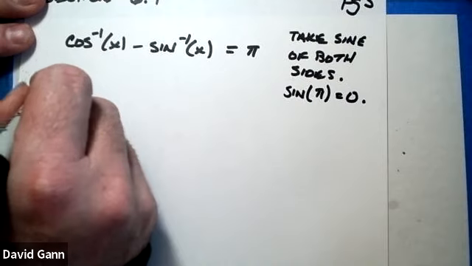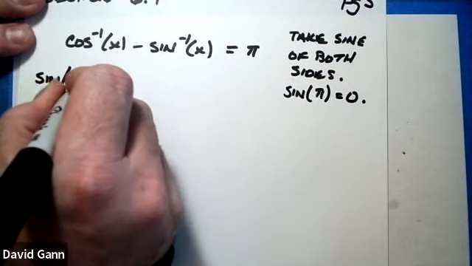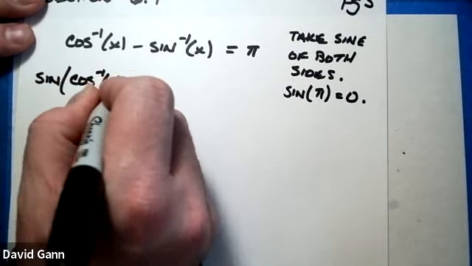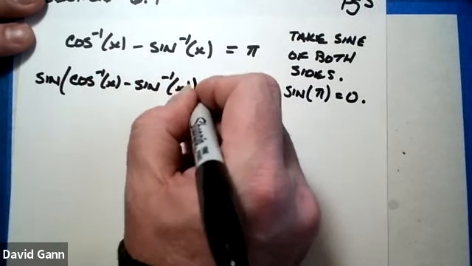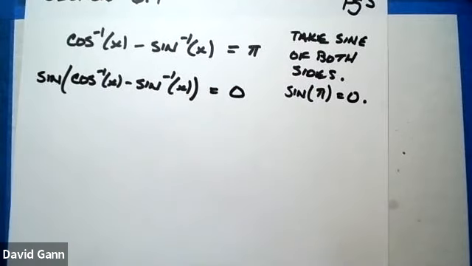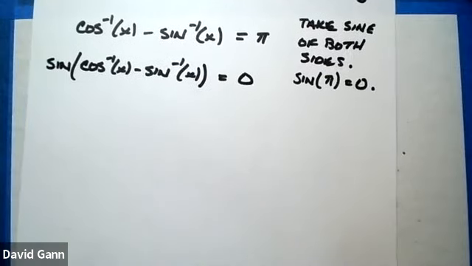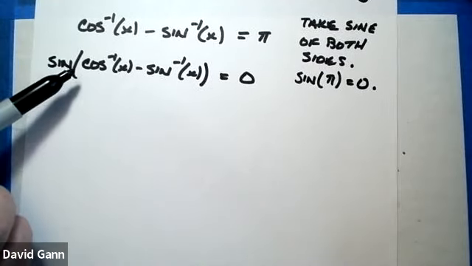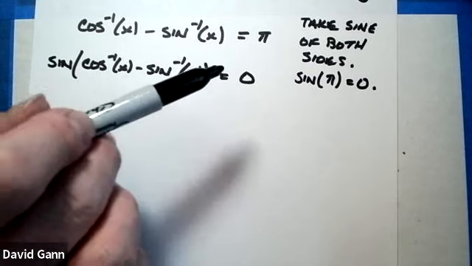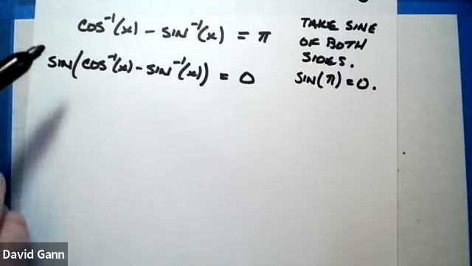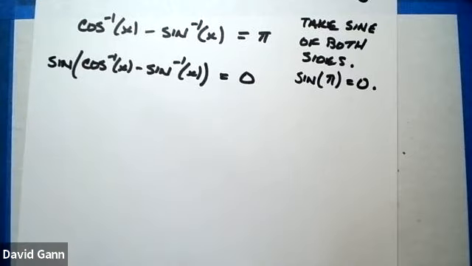Okay, so when I do that, I end up with an equation on the left, which is sine of the difference, inverse cosine of x minus the inverse sine of x, equal to 0, right? So I got to pull out a difference identity here to be able to handle this side. That side's easy. It would have been more challenging if I had something else in there.